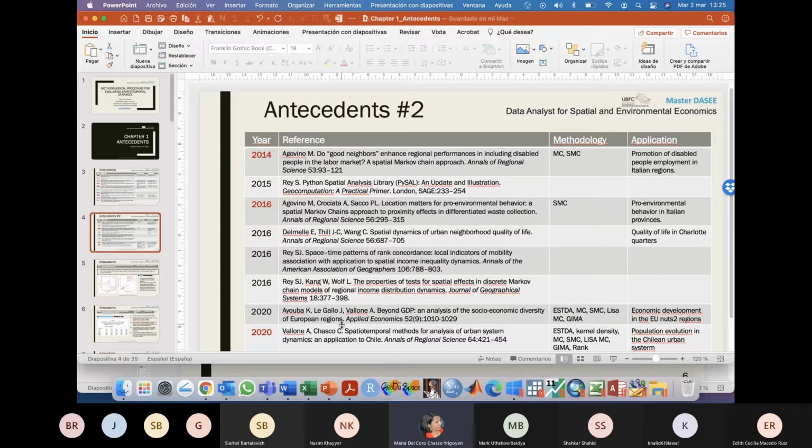And there are almost 40 from January of 2020 till now.